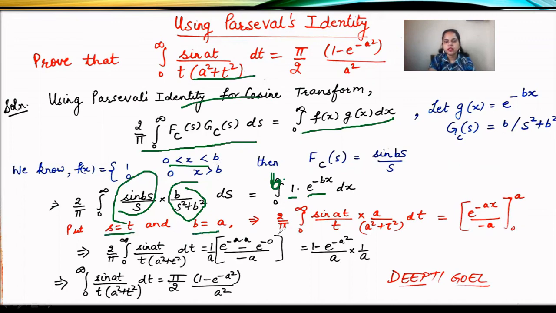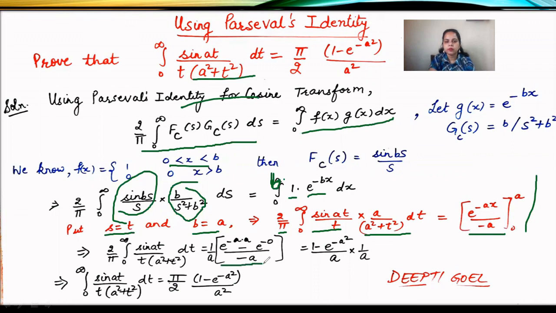So we get the result that 2 by pi integral 0 to infinity sin(at) by t into a upon a square plus t square dt will be equal to e to the power minus ax upon minus a, because we have replaced b by a, and the limits are also from 0 to a.